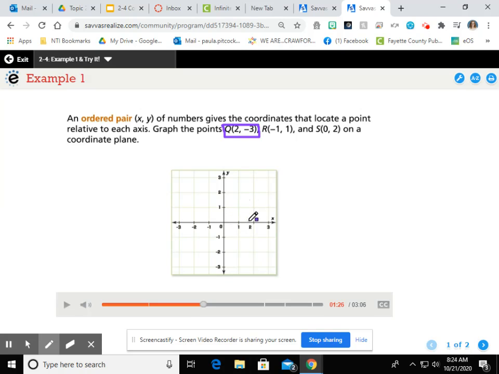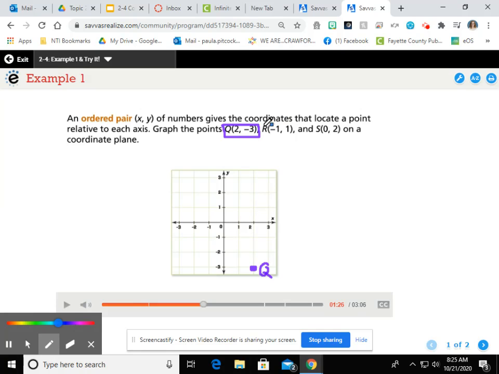So I shuffle on the carpet 2, and it's negative, so I'm falling down 3. You put a dot exactly where it goes, and if it has a letter attached, we label it with the letter. So the location of this ordered pair is right here. It is over 2, down 3.